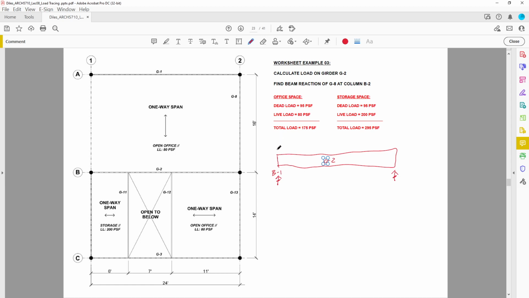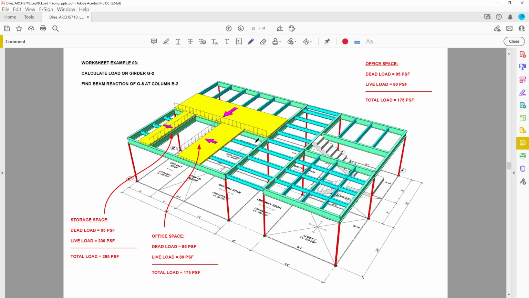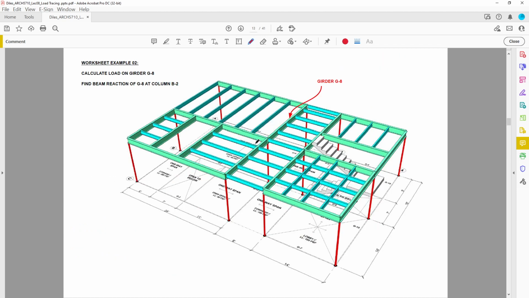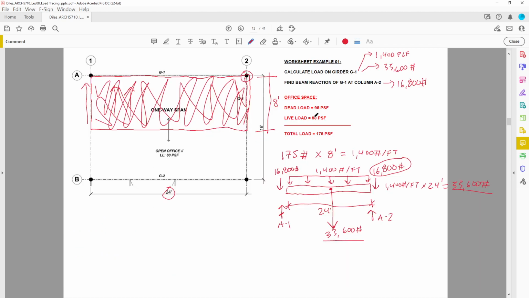Okay, so we have one continuous load coming in from the office space to the north, and that's going to go all the way across the top of G2. Now we calculated what that load was back in example 1. It was 1400, because here's G2, this is what we're looking at now. G1 was loaded in exactly the same way from this office space.